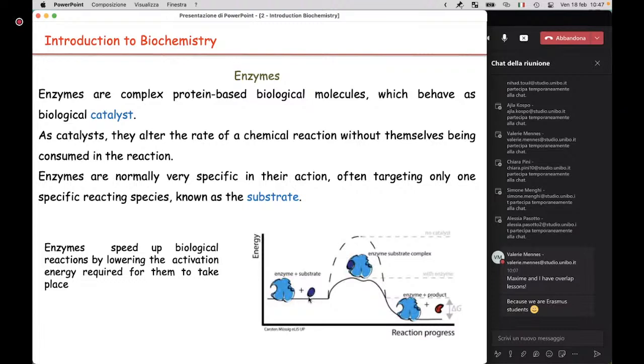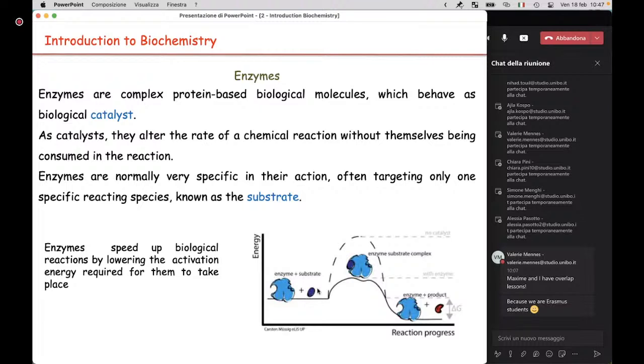Okay, so let's say that for reactions involving molecules like cholesterol, we will have enzymes that will not bind just cholesterol, but cholesterol and all other compounds with similar structure, which can include, for example, testosterone, estrogen, and so on and so forth.